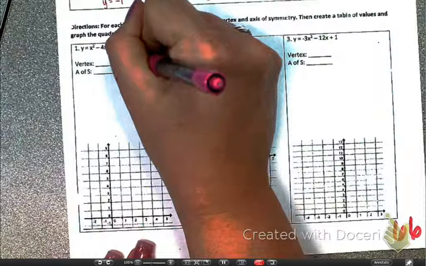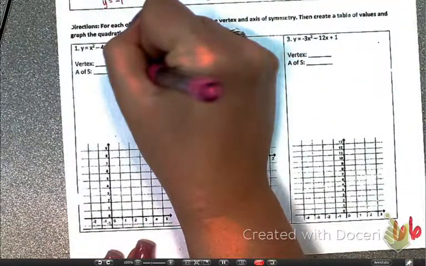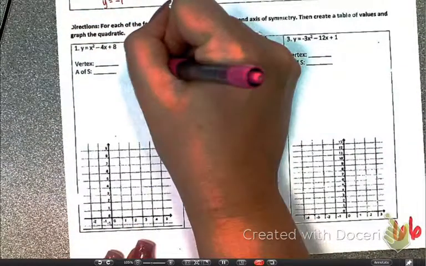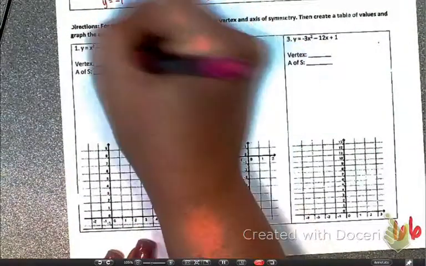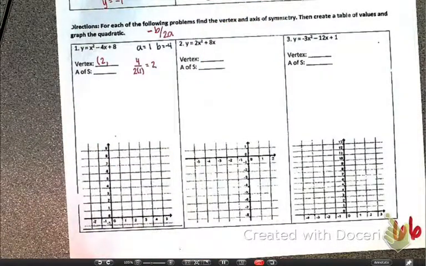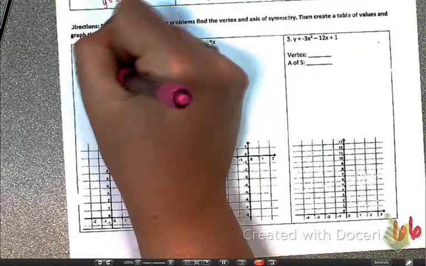So it becomes positive 4 all over 2 times 1. 4 divided by 2? 2. So the X value of my vertex is 2. What else is the X value? Your axis of symmetry. And remember, it's X equals 2.